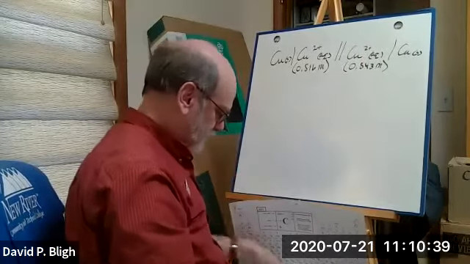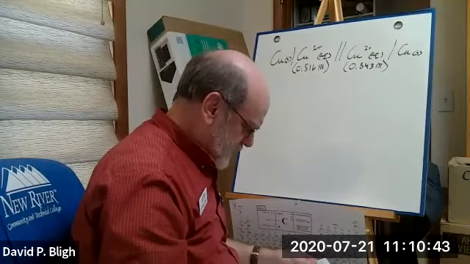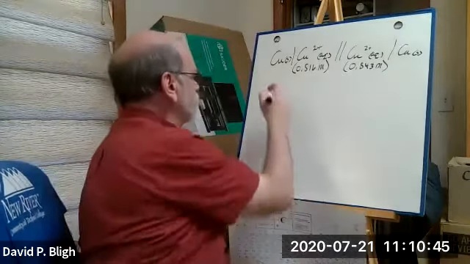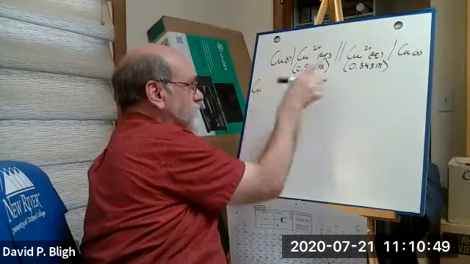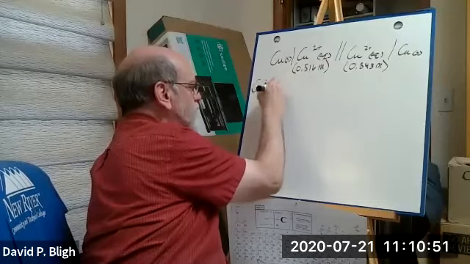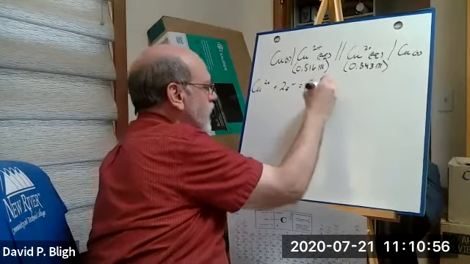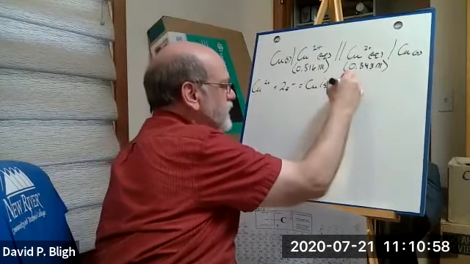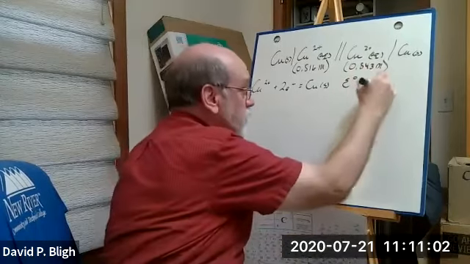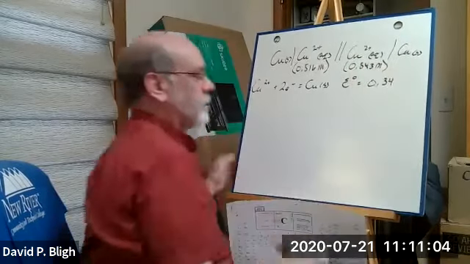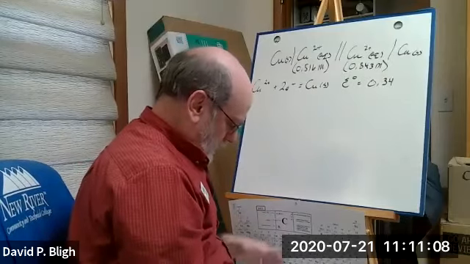Okay? Let's see. And the standard reduction potential for this one, plus 2 electrons yields copper solid, is 0.34. Okay.